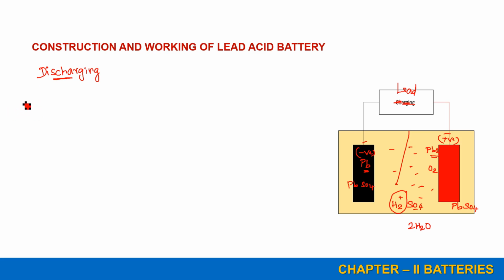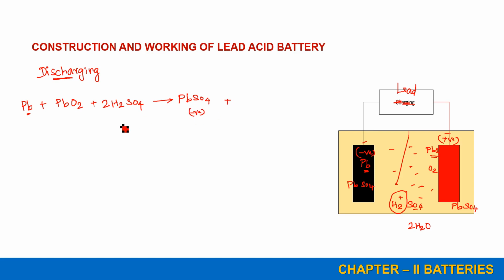I will explain. You have the cathode Pb, the anode PbO2, and the sulfuric acid, 2H2SO4. During the discharge condition, your reaction will be like this. Here the sponge lead becomes lead sulfate. This happens at the negative electrode.